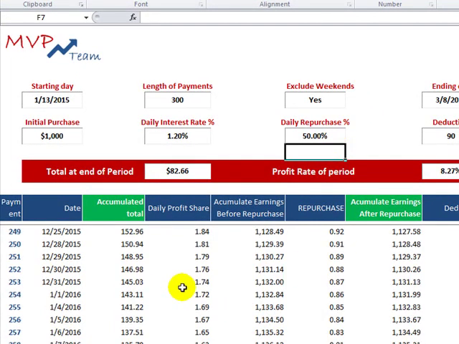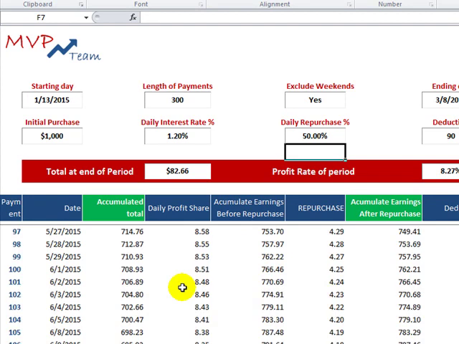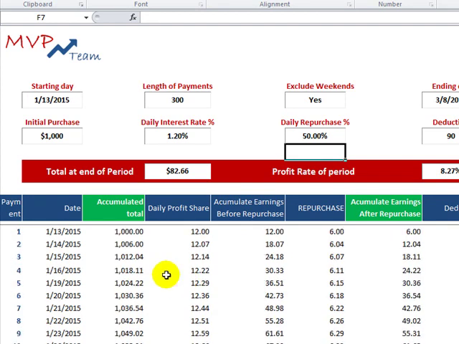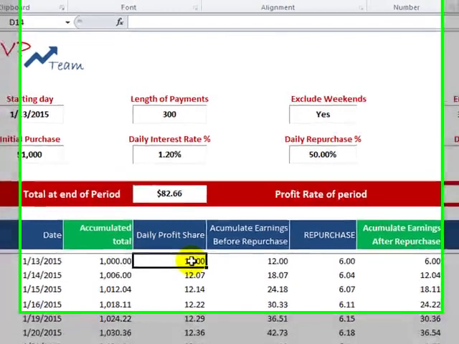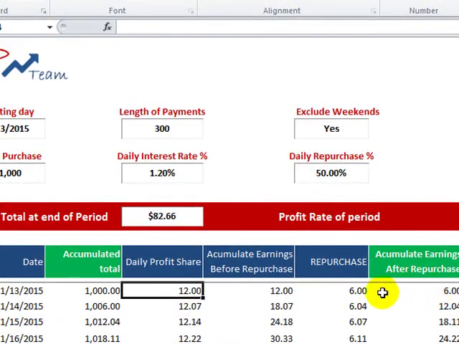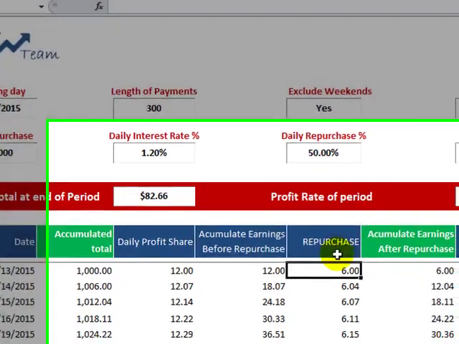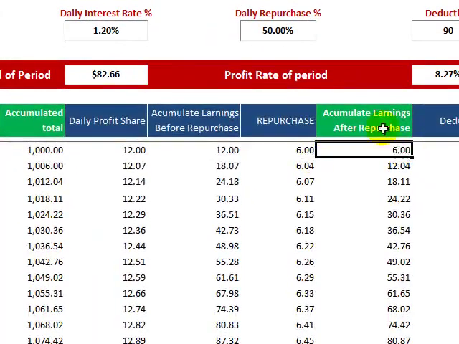Okay, so let's scroll back up to day one. What happens at 50%? On January 13, you earn $12 because it's 1.2% of 1,000. Now this time, it's only going to repurchase $6, which is 50%. The other $6 goes into accumulated earning after purchase.